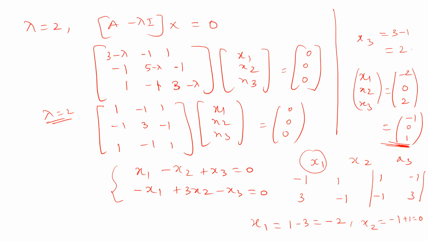Next, when lambda equal to 3, the A minus lambda matrix is 3 minus lambda, minus 1, 1; minus 1, 5 minus lambda, minus 1; 1, minus 1, 3 minus lambda.